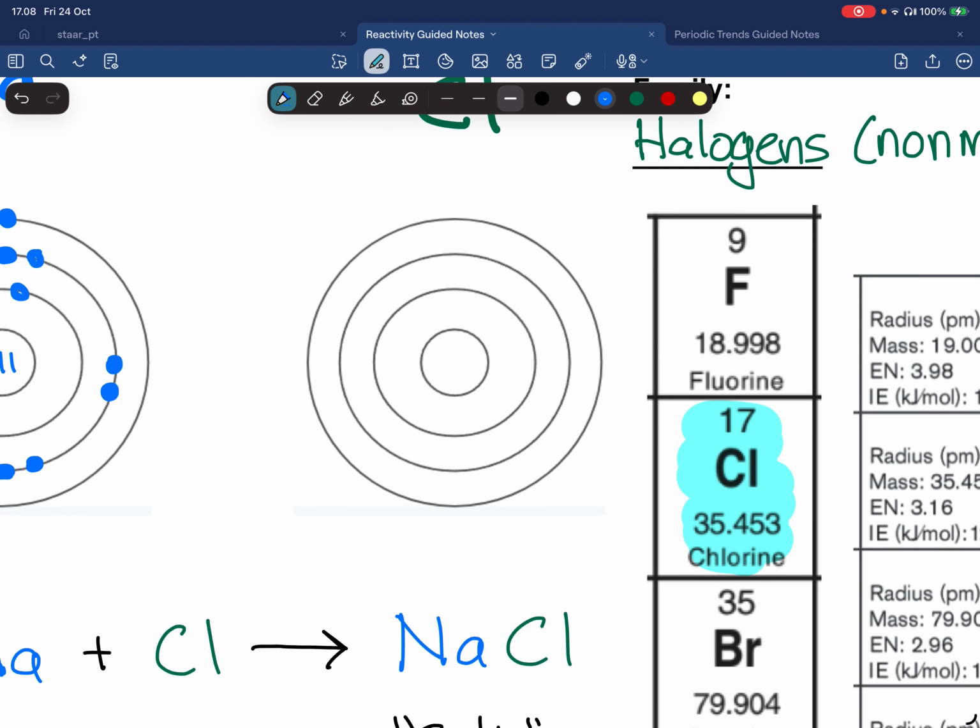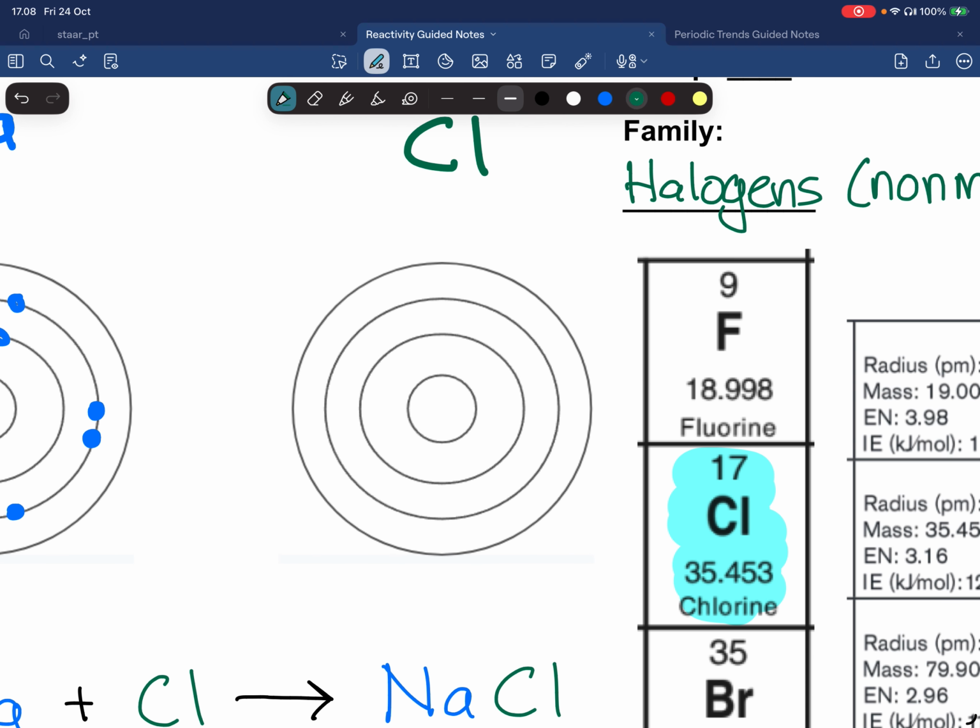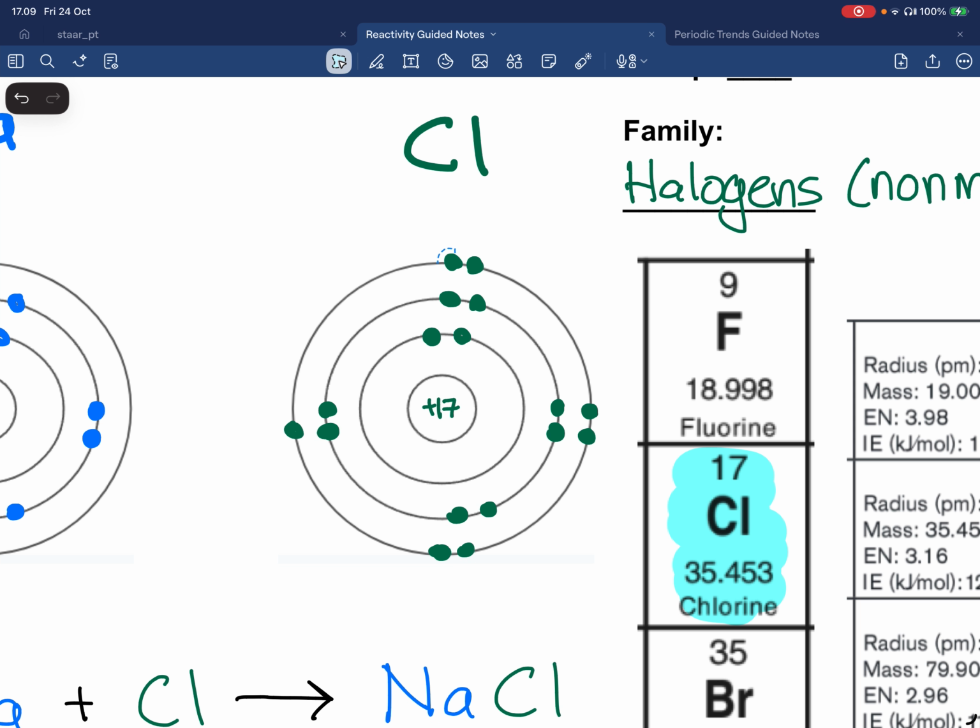All right, now chlorine, on the other hand, has 17 protons, plus 17, and it has 17 electrons. And actually, just for the purposes of making this easy, and you'll see why in just a second, I'm going to put that electron right there.